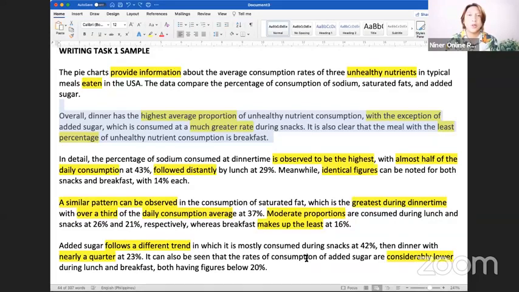But in IELTS, we do not do that because we are just supposed to select and report the key features. In short, we are supposed to describe the figures as they are. We are not supposed to interpret. We are not supposed to analyze. We are not supposed to write opinions based on what we have read or seen in the task description. So basically, conclusions are not required.